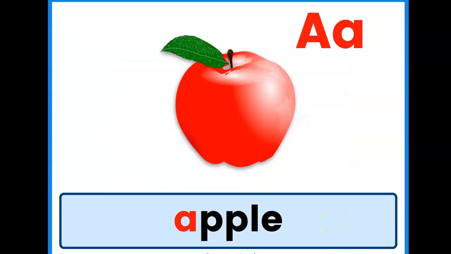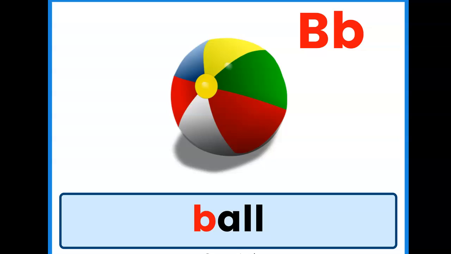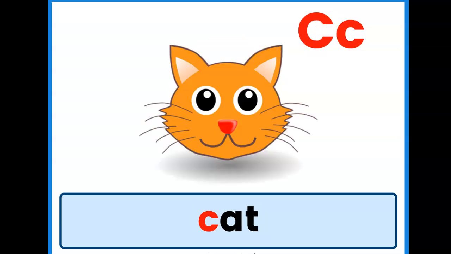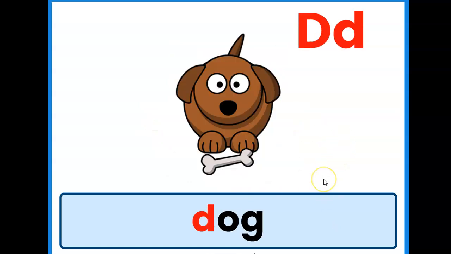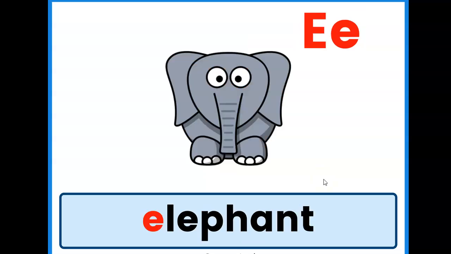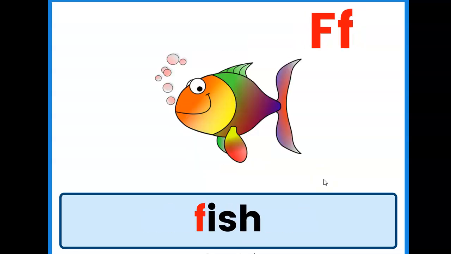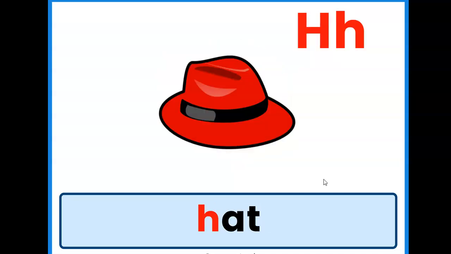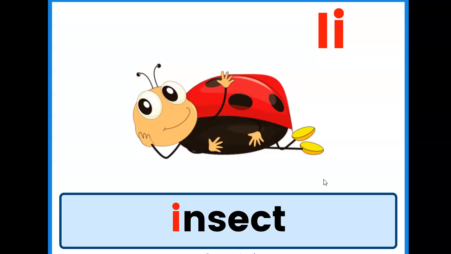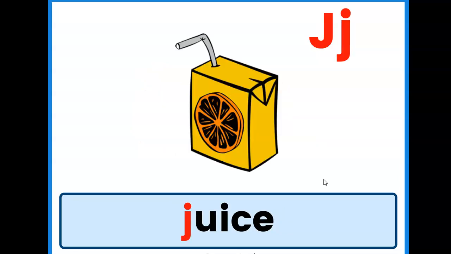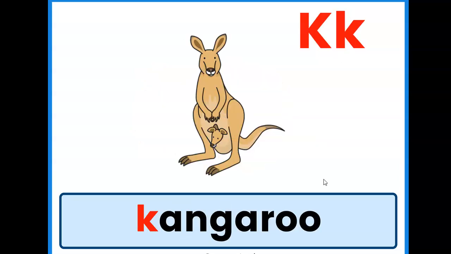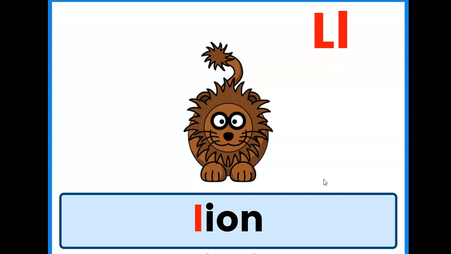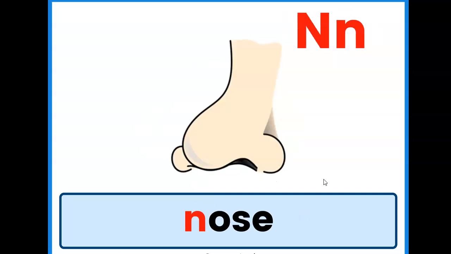A is, for example, apple. B, ball. C, cat. D, dog. E, elephant. F, fish. G, gorilla. H, hat. I, insect. J, juice. K, kangaroo. L, lion. M, monkey.